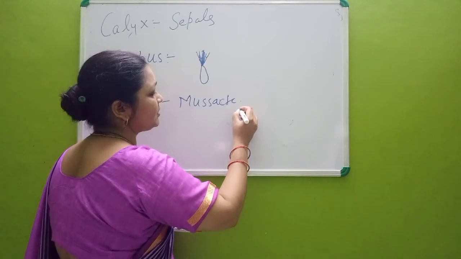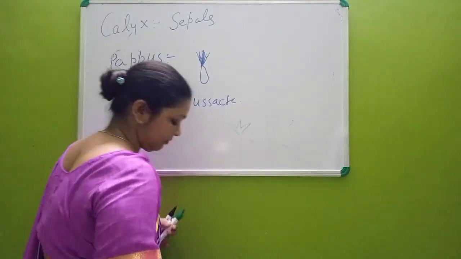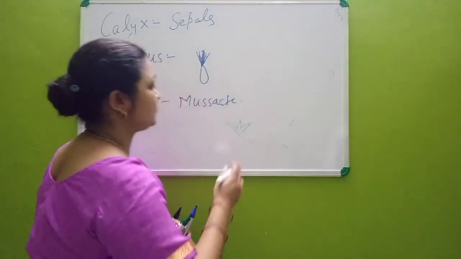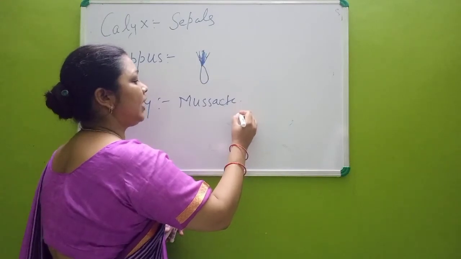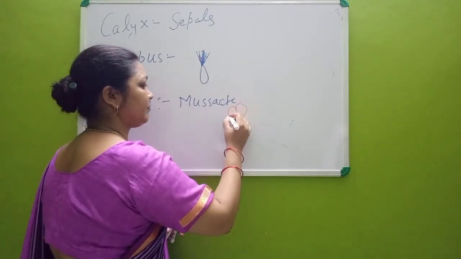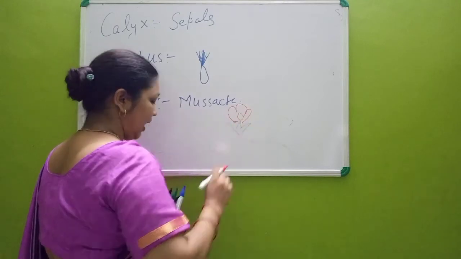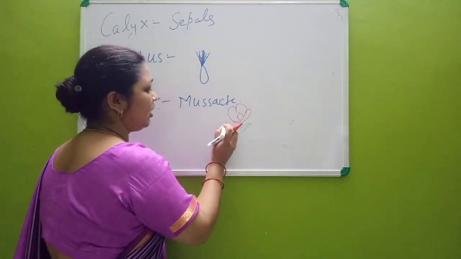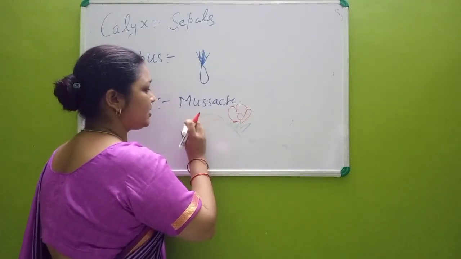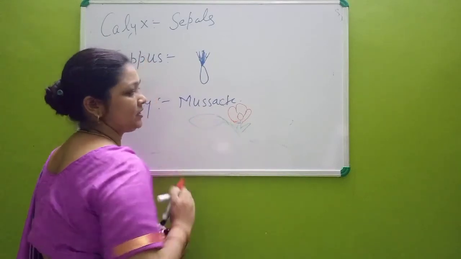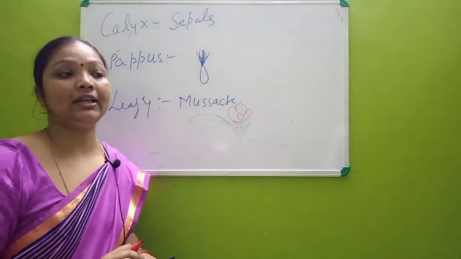Suppose the sepals are present, and here the flower is present, and this sepal increases in size and forms a leaf-like structure. So this is called leafy.